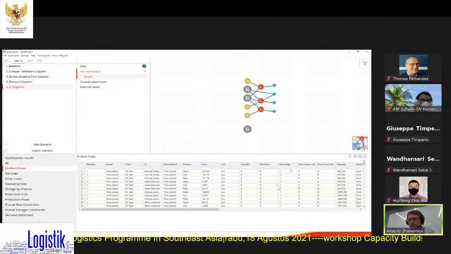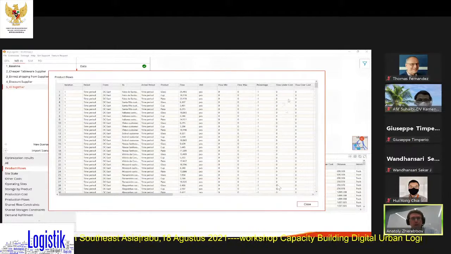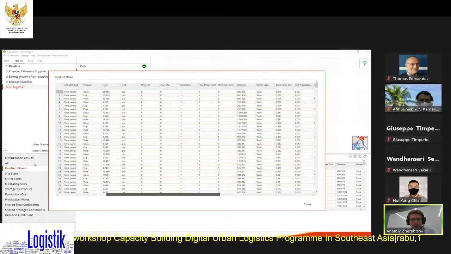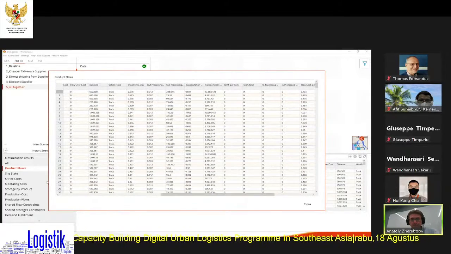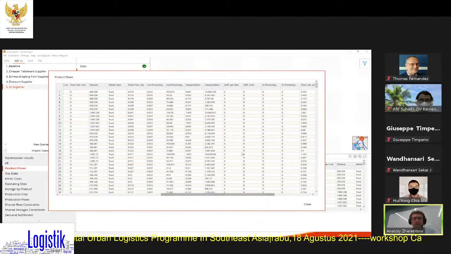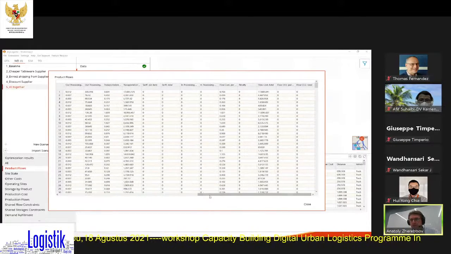This table shows each individual flow that you have in your solution, with all the costs applied or connected with that flow, vehicle types being used, distances, and total flow cost.